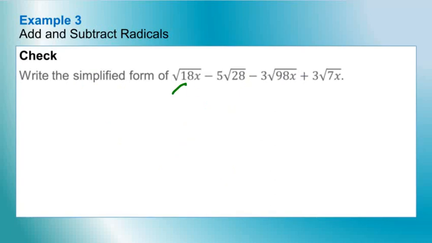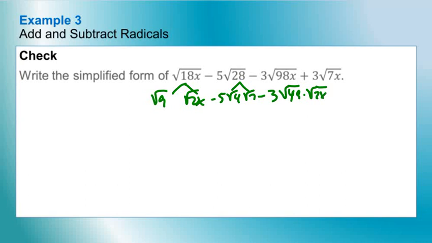Another one, simplify this one. So this is a square root of 9, square root of 2x, minus 5 square root of 4 square root of 7, minus 3 times the square root of 49 times the square root of 2x, plus 3 times the square root of 7x.